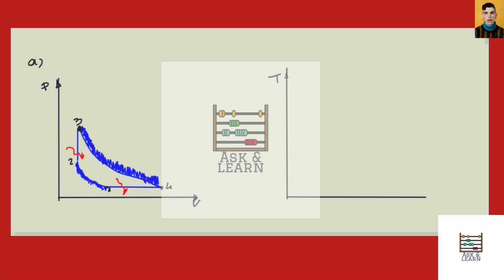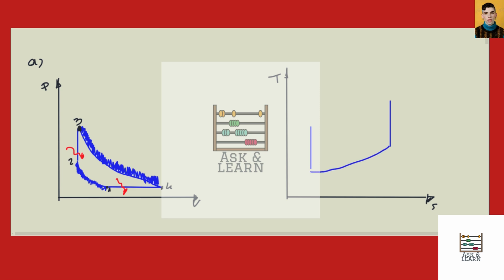Now let's see the TS diagram. For a TS diagram, we must remember that isentropic curves are represented by vertical lines. So this is the first isentropic curve, and this one is going to be the second isentropic curve. And the transformations with constant volume and constant pressure are going to be these.